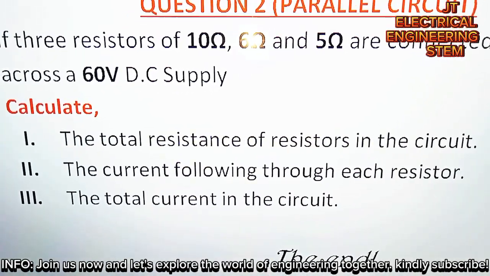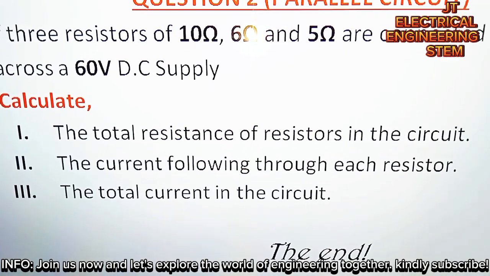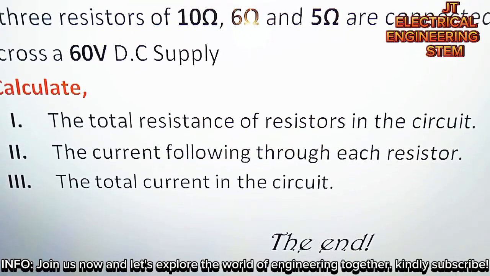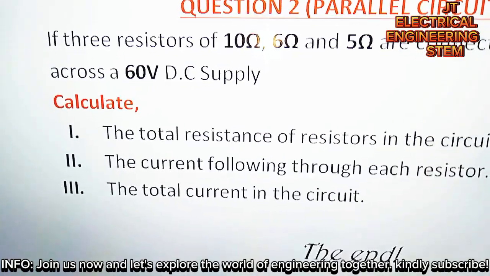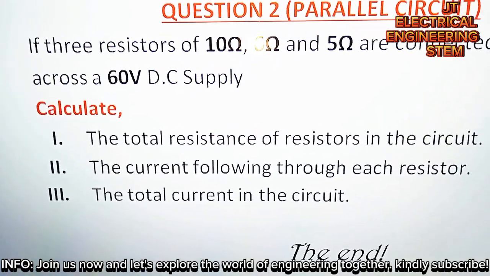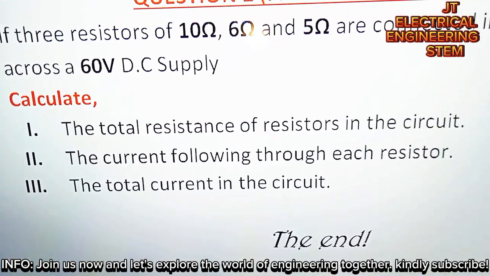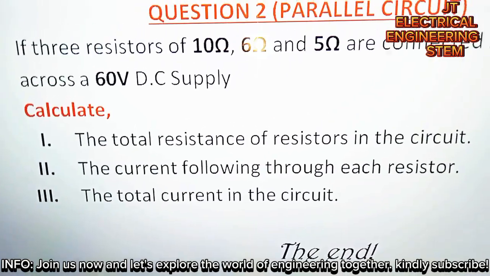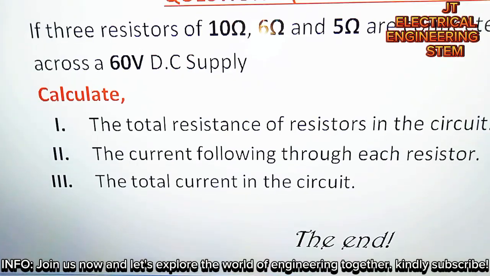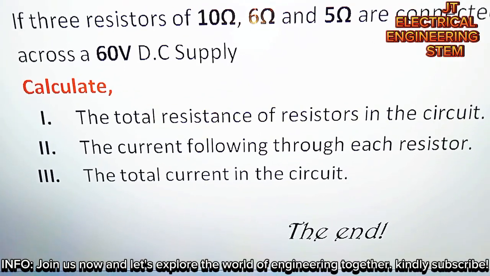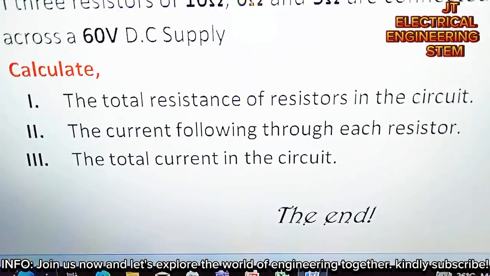And then III, we have the total current in the circuit. I'll take it again. So calculate I, the total resistance of resistors in the circuit. II, the current flowing through each resistor. III, the total current in the circuit.